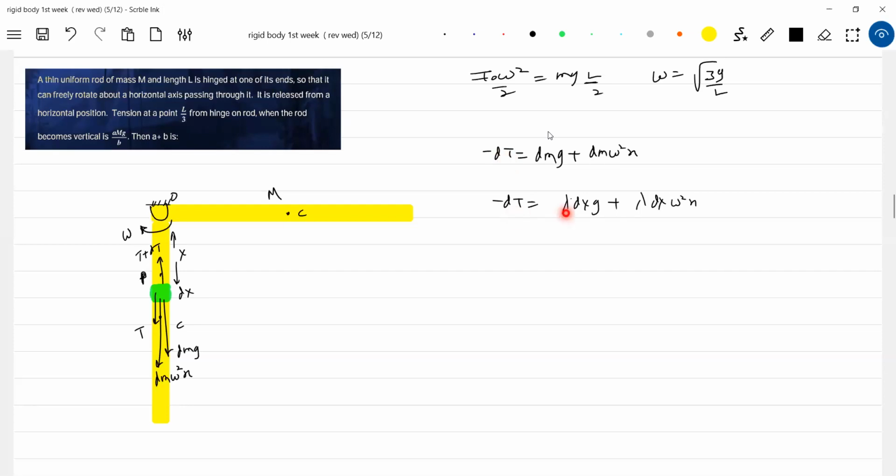Now this will integrate. So tension at x equal to 0, and at x equal to L, tension will be 0. So he's asking the tension at x, let T be the tension. This is x equal to L, this is x equal to 0.